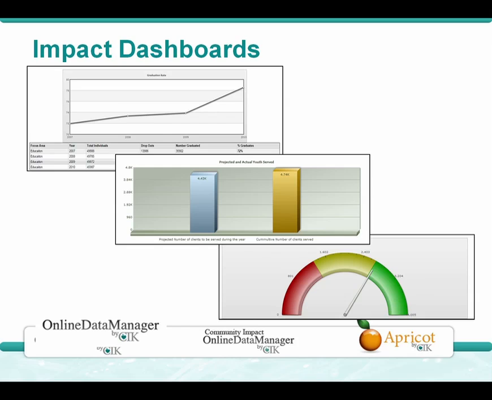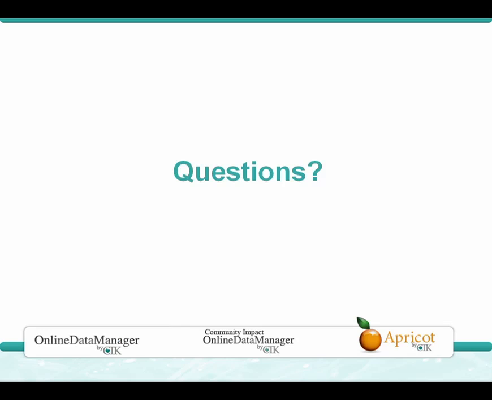So that's the other key part of it, is how can you then dashboard those results so that you can demonstrate your impact and tell your story to your donors, to your grantees, your volunteers, your board, etc. And that's what, again, we'll focus on over the next 2 webinars, how we can do that and truly make a difference in your communities and our communities as we move forward.